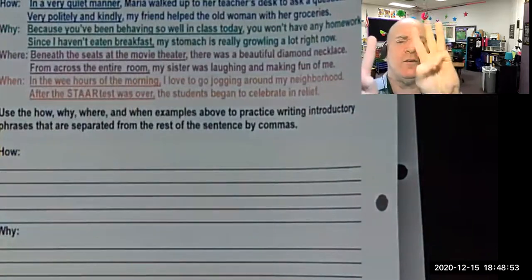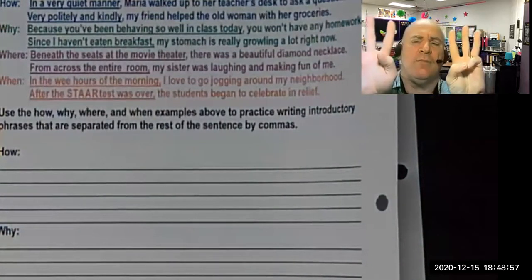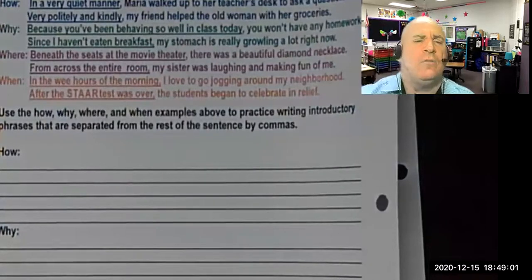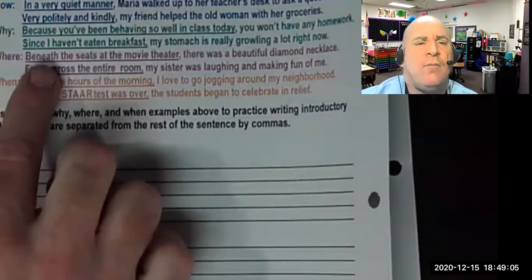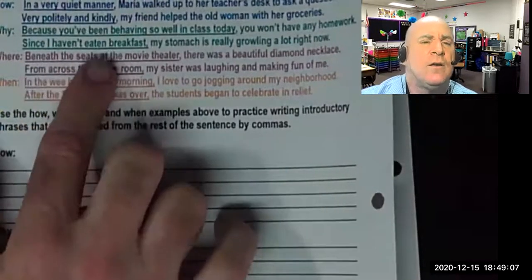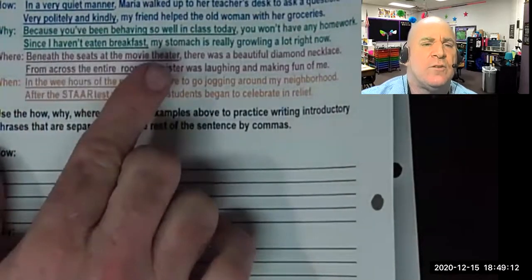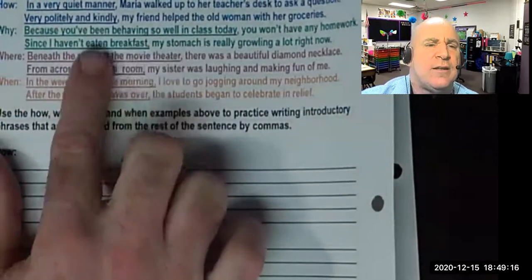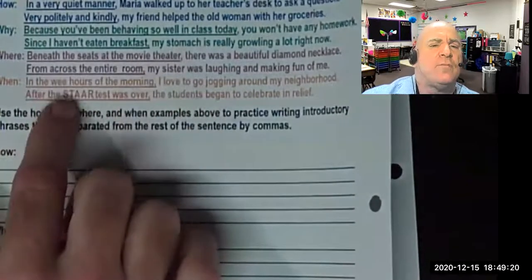Put your 2 wheres together, beneath the seats at the movie theater. Play a game called Come Together Right Now. You don't need a comma between both. You only need to have a comma when you're done telling me the complete where. Beneath the seats at the movie theater. Since there's not a subject and a predicate, then this is just an introductory phrase that's 4 words or longer, so you do need a comma on that one.